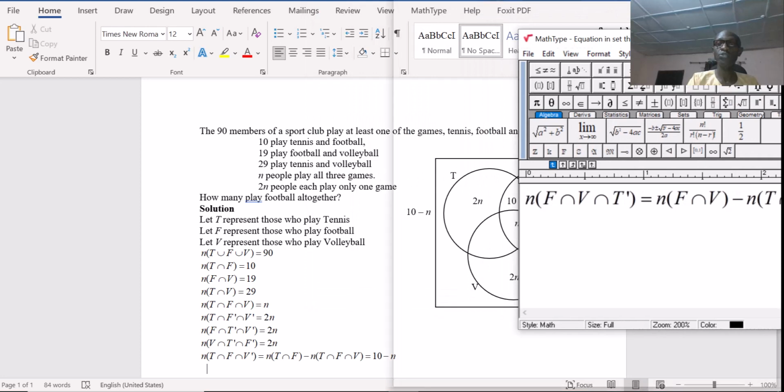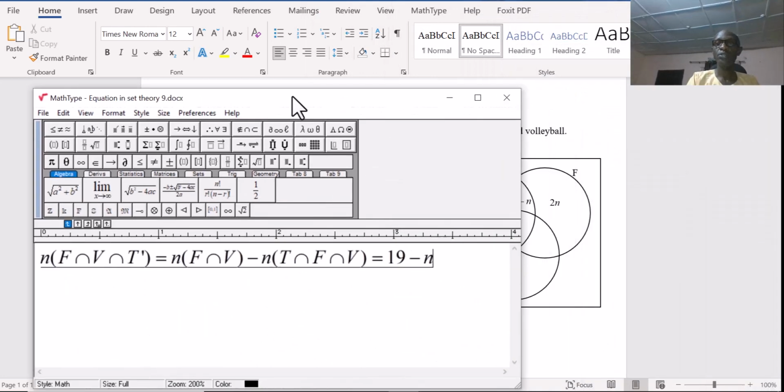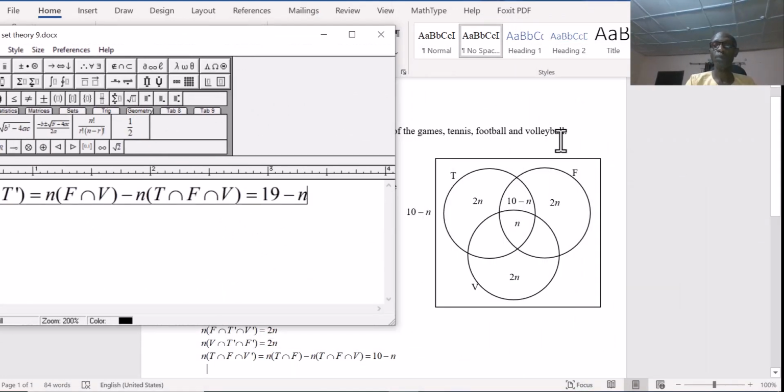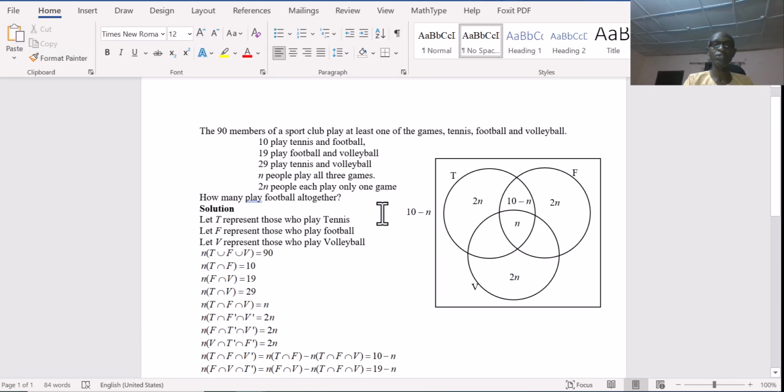So I want to look at it straight. Those who are playing this volleyball and those who are playing football and tennis and volleyball, everything here equals 19. So if I take this N away from this place, I'll get 19 minus N. So this place is 19 minus N. So let me just put this there.